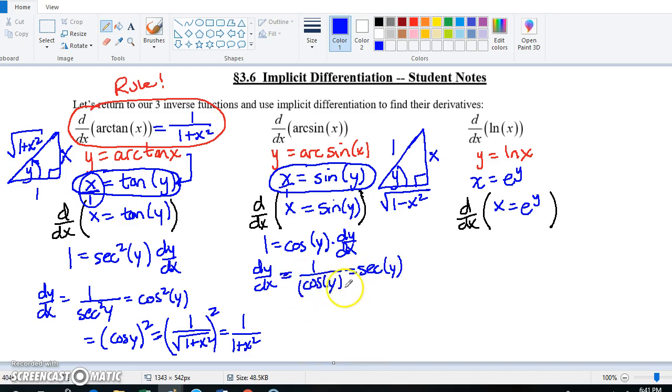So if I find the cosine of y, I will take its reciprocal to find the secant of y. So what's the cosine? Adjacent over hypotenuse, that would be the square root of 1 minus x squared over 1. But the secant is the reciprocal of that, so that's 1 over the square root of 1 minus x squared. This is the derivative of the arcsine function.